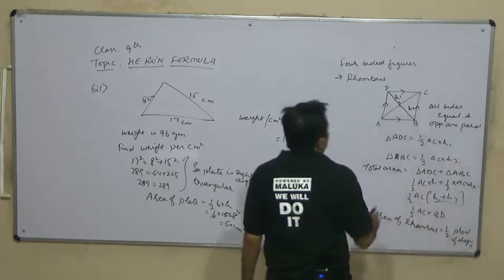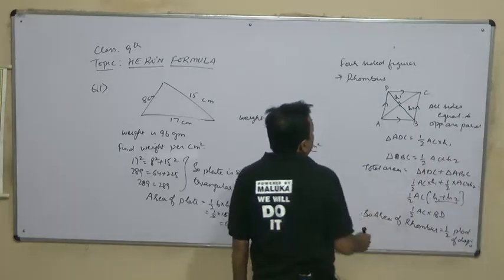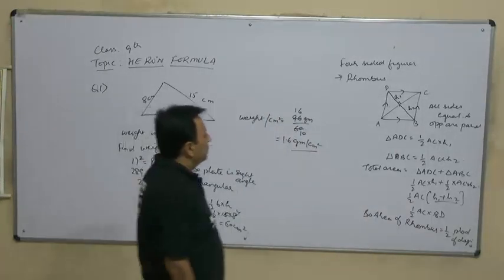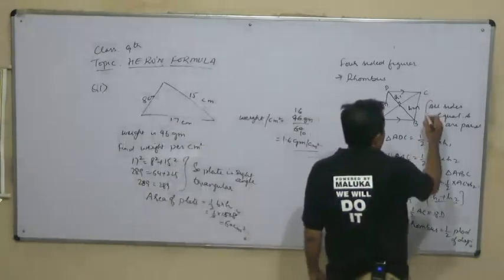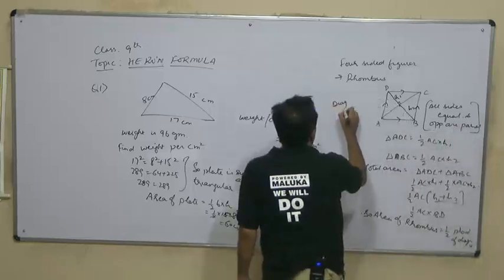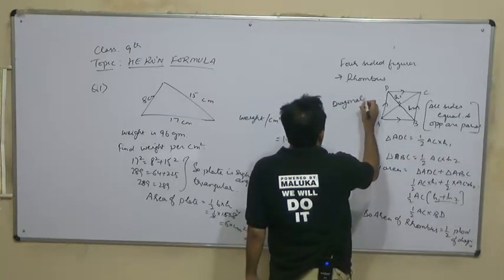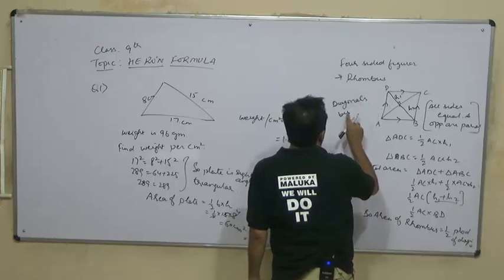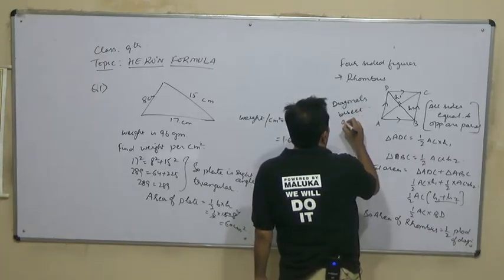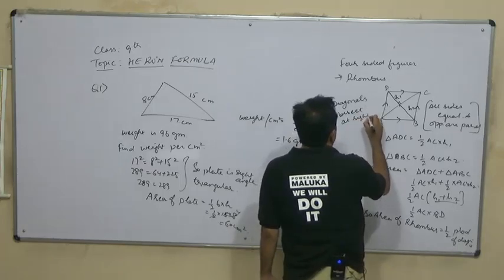And one more thing, why is this 90 degree? Because diagonals of the rhombus are perpendicular to each other. All sides are equal and parallel, and diagonals intersect at right angles.